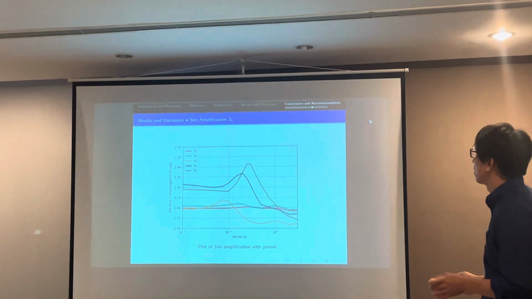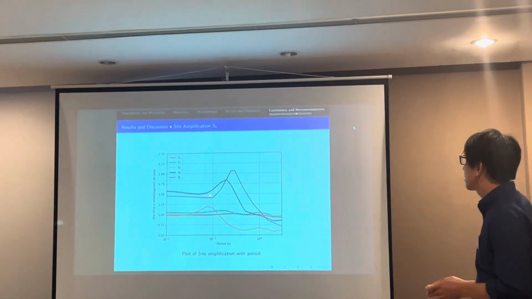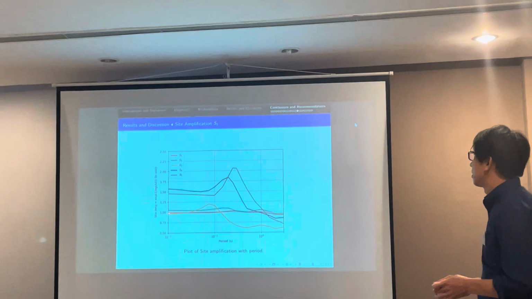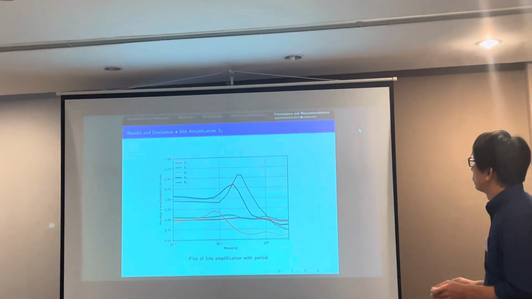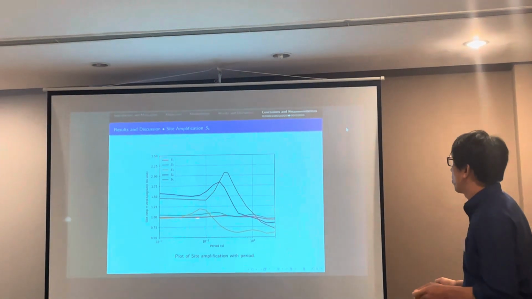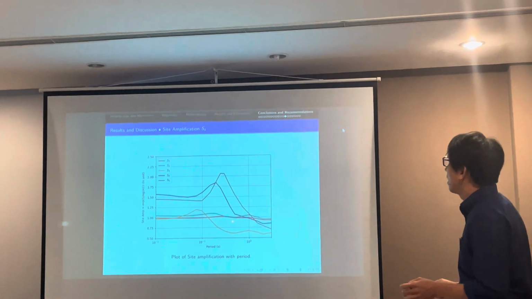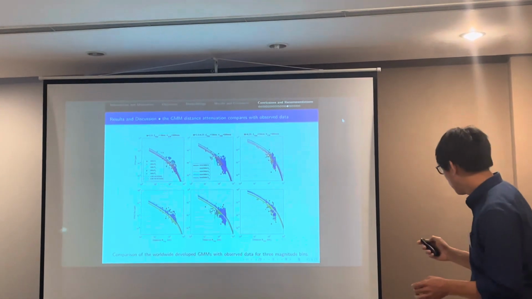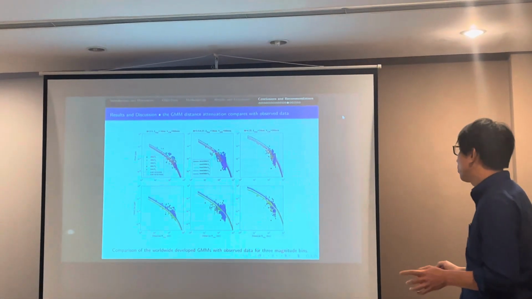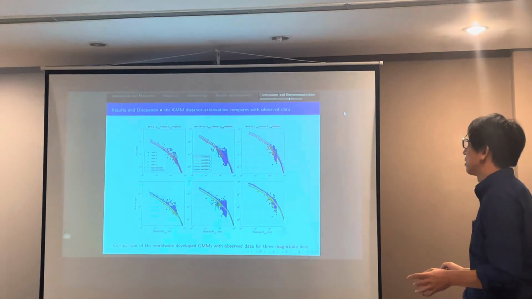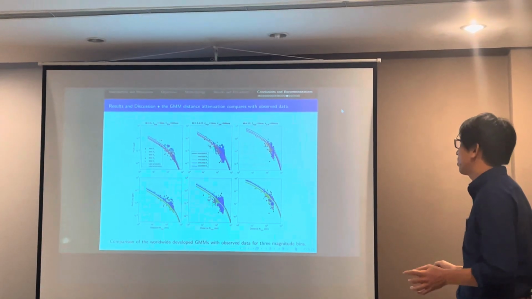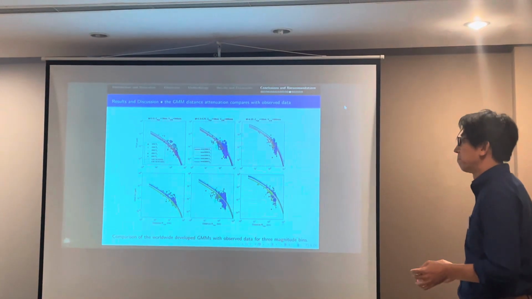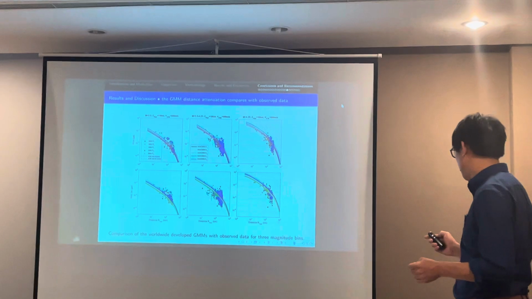This figure shows that the site amplification is significant for site categories 4 and 5, moderate for site category 3, and minimal to non-existent for site categories 1 and 2. If we look at this figure, the new ground motion model fits the observation data well across different magnitudes and different periods, significantly improving over the ASK14 model.